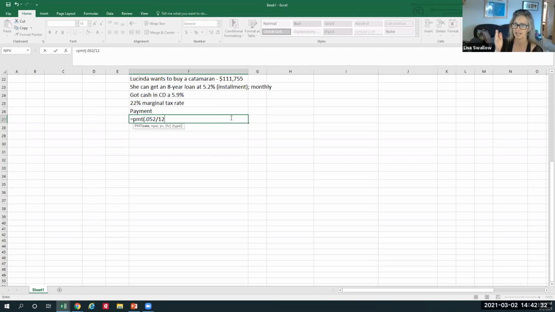So interest, comma, number of payments over the life of the loan, comma, principal. And if I can't do 8 times 12 in my head, you can put math right into the fields of Excel.